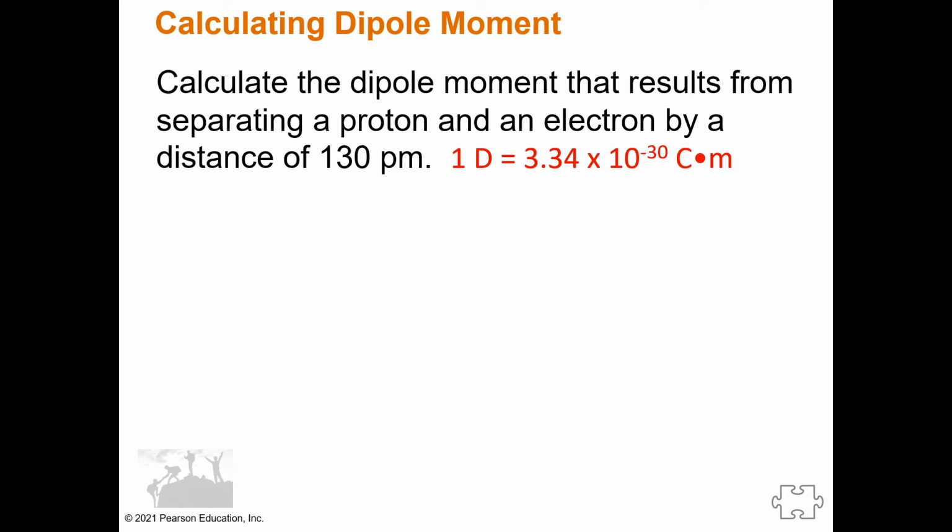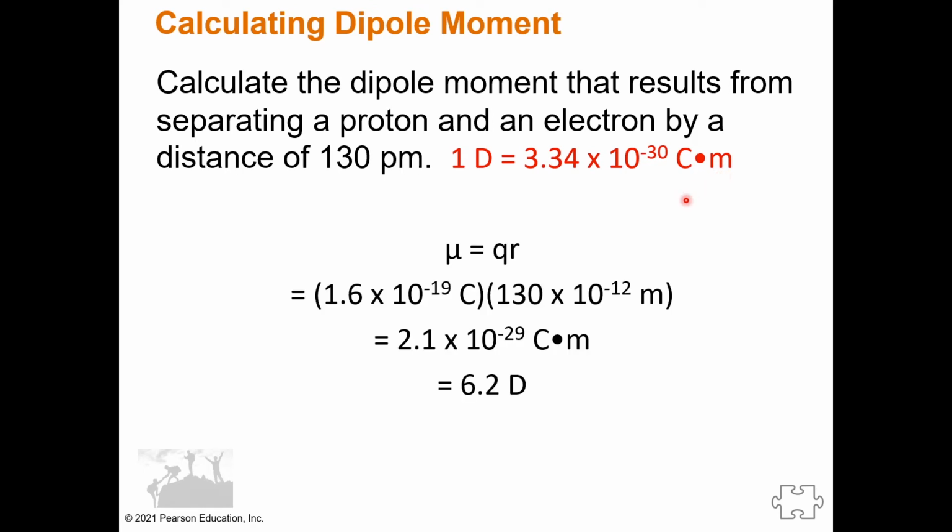Calculating dipole moment really just involves multiplying the distance between a proton and the electron that's being removed by the charge. One other thing you need to know is the conversion factor between debyes and coulomb times meter. If you're looking at the charge of an electron, normally you would think of -1.